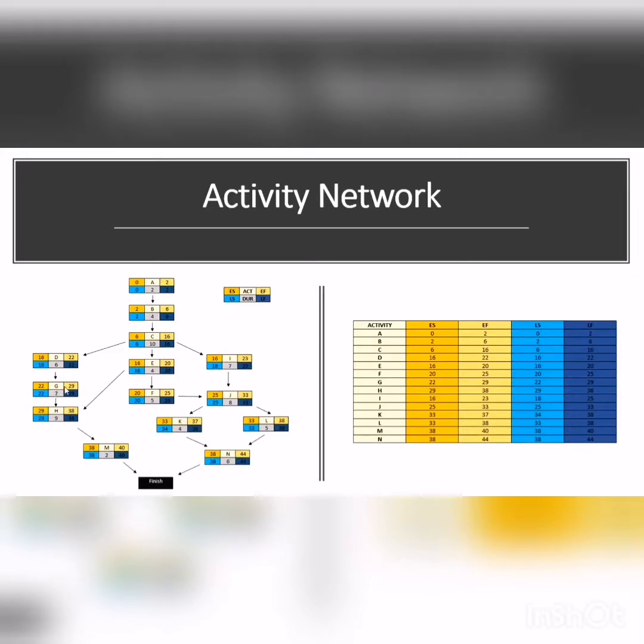So obviously G is larger than E. So we bring down 29 as the early start at H. So again, 29 plus 9 equal to 38. Okay, for N, the 38 we put at N. So same, 38 plus 2 equal to 40.